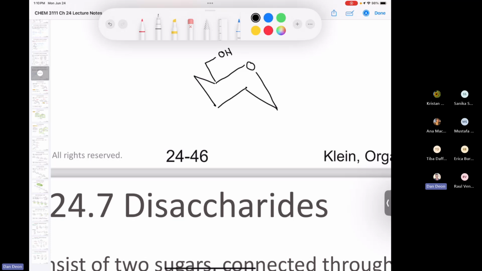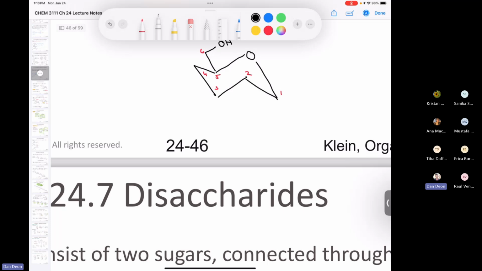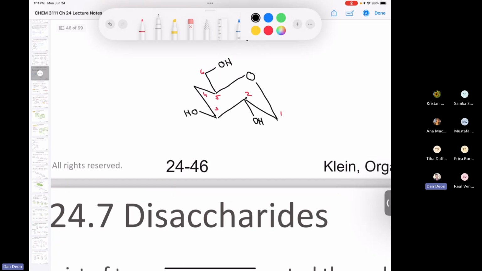Now, what makes glucose unique is if we number our carbons, carbon 1, 2, 3, 4, 5, and 6, like that. Carbons 2, 3, and 4, in glucose, all of the substituents are equatorial. So this hydroxyl group is equatorial, this hydroxyl group, and when I say substituents, I mean the hydroxyls, not the hydrogens. All of the hydroxyl groups are equatorial in glucose.